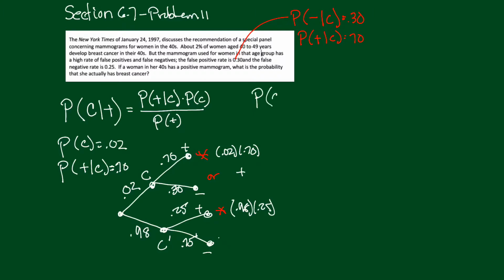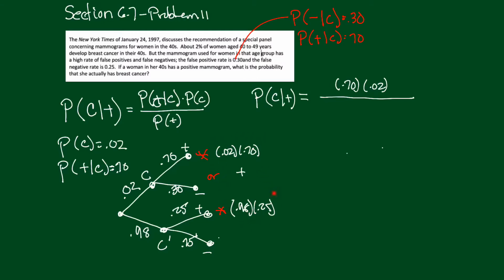The probability of having cancer, given that you got a positive result back in that old test, is going to be, what do we have here? This is positive given cancer. We found that to be 0.70, right? So that's going to be the 0.70, and then this number right here, our multiplier, is the probability of having cancer in that age group. That's the 0.02. And then the denominator, that's going to be this part right here.